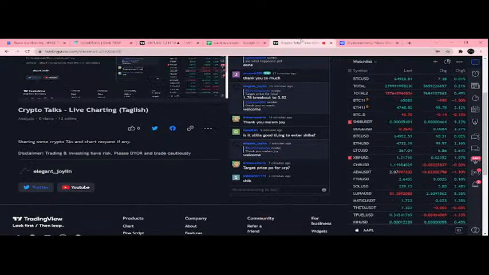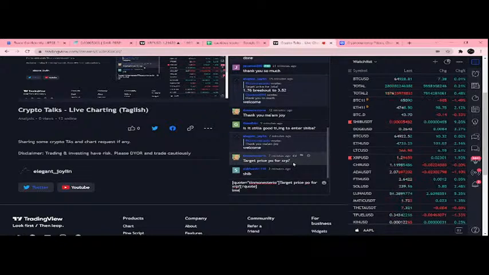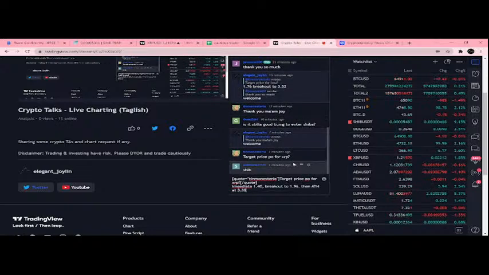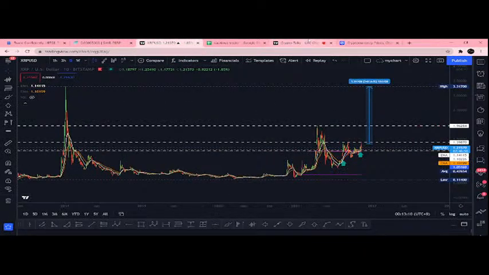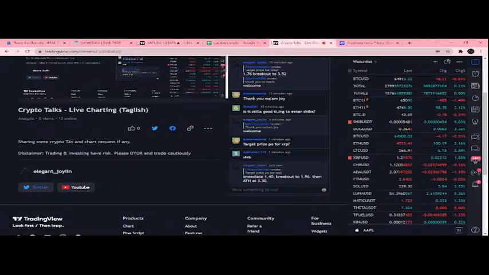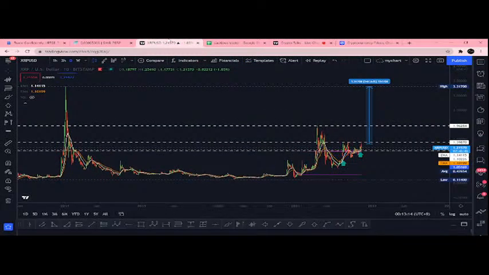Target price, immediate 1.4 to 1.96, then all-time high at 3.30, I think. 3.30 ang naalala ko, more or less ganun. But I plan to sell it at 5 maybe.